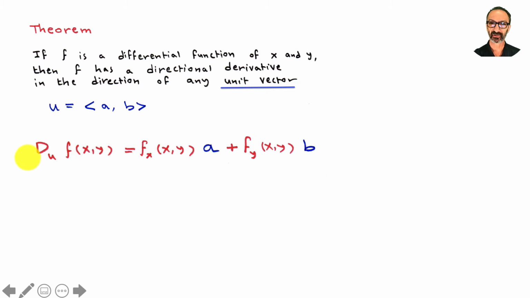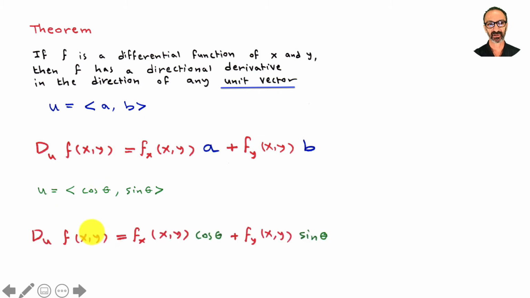So the directional derivative will be the derivative with respect to x times a, where a is the first component of the unit vector, plus fy, the first derivative of f with respect to y, times the b component, or the second component of the unit vector. And if you're using u as cosine and sine, that's pretty much the only difference.